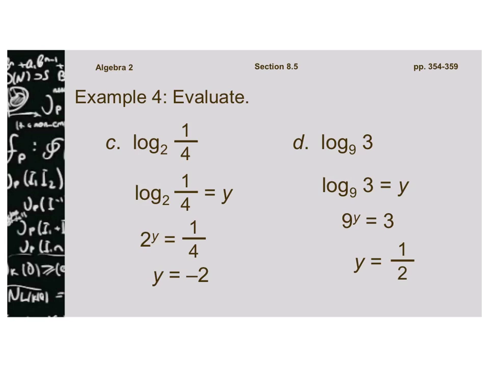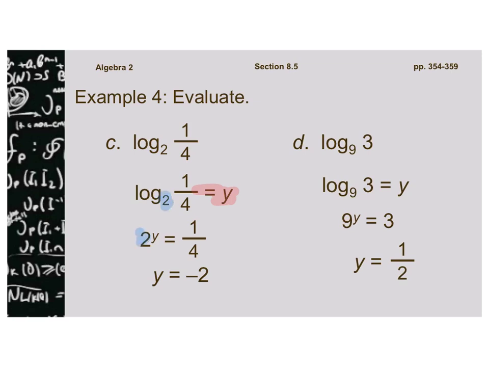Log base 2 of 1/4. First step, write it as an equation. I keep thinking I'm changing to highlighting, and I'm not. Write it as an equation. That gives me the equals y. Next, I use the definition to rewrite.